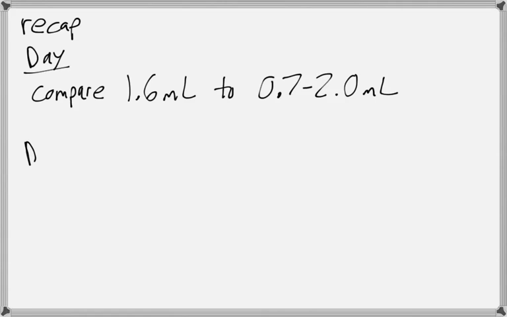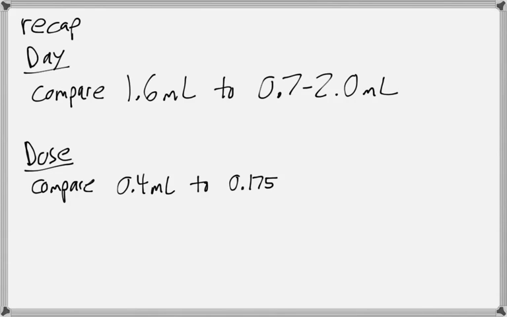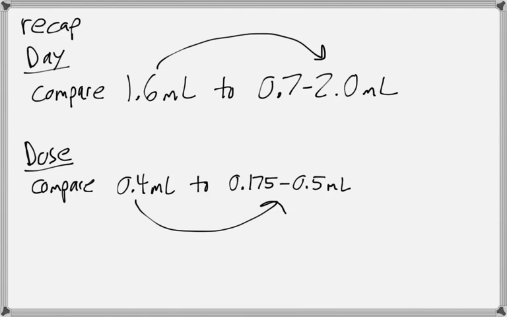And if you're doing the dose, you want to compare 0.4 mLs to the 0.175 to 0.5 mLs. And again, both of these are within the range, and they should be consistent.